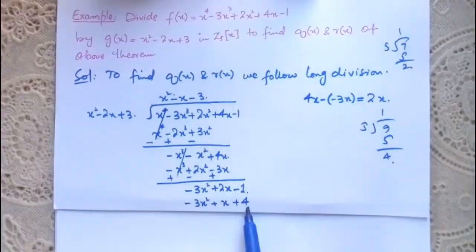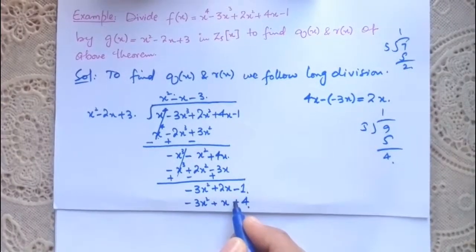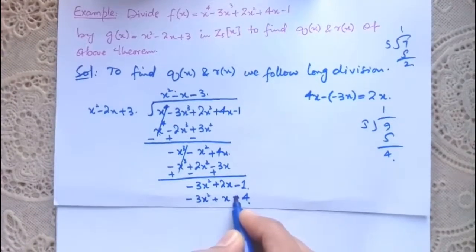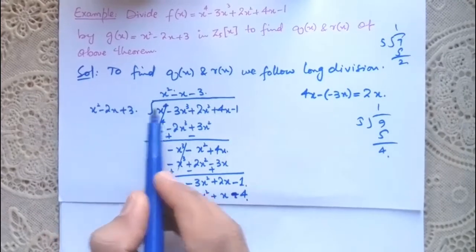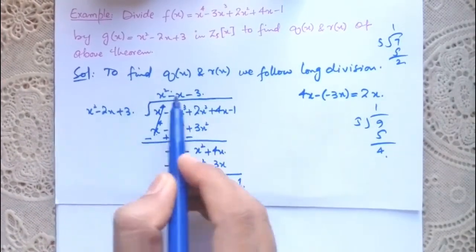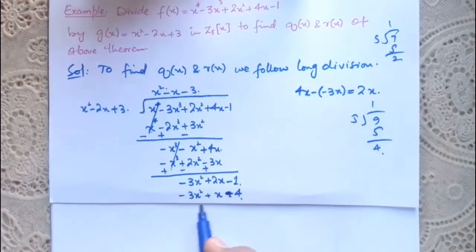So minus 4, minus 4, right? Because 3 into 3 is equal to 9 and plus into minus is equal to minus, right?